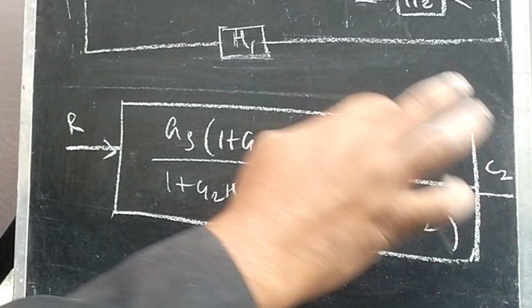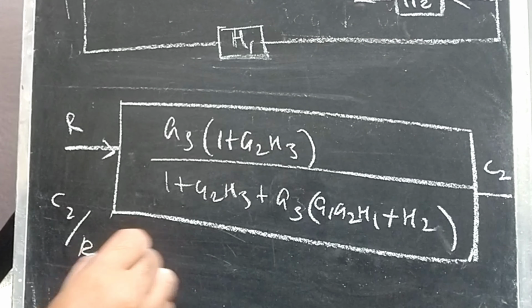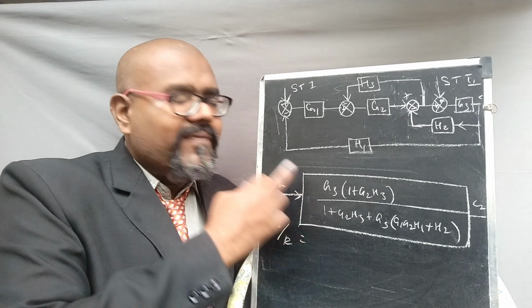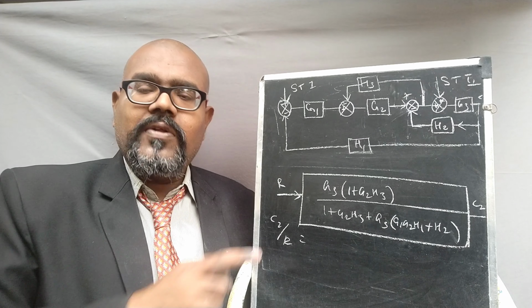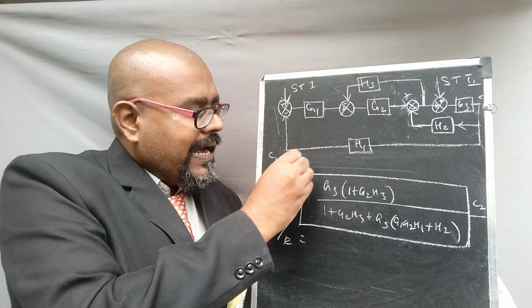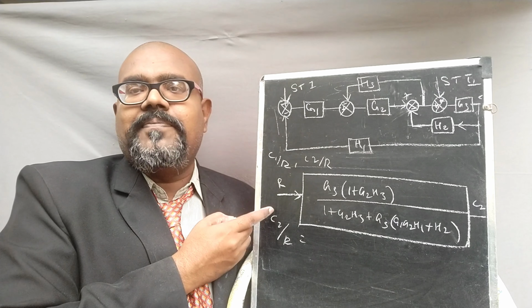Here we got the second transfer function, C2 divided by R, equal to the block inside the element. Here we have two inputs and one output, so we got the two transfer functions, C1 divided by R and C2 divided by R, perfectly.